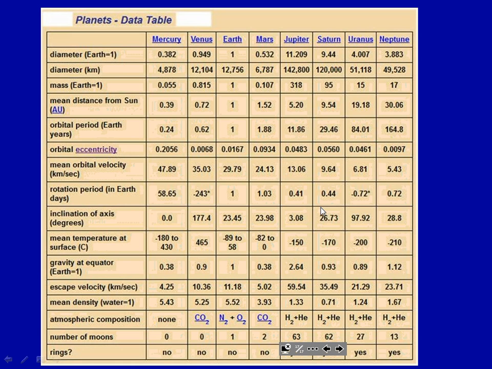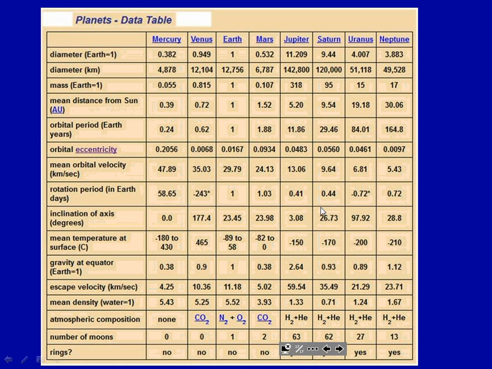That's close. It's like 1/3 of the way. Its rotational period in Earth days, it only takes 58 days to get around once. That's a year, 58 days.